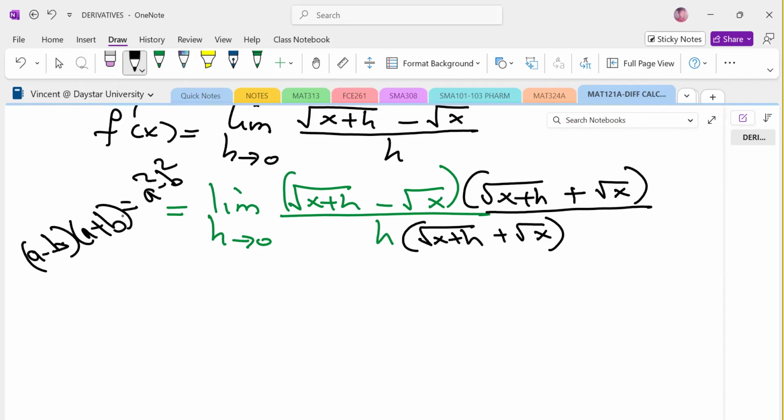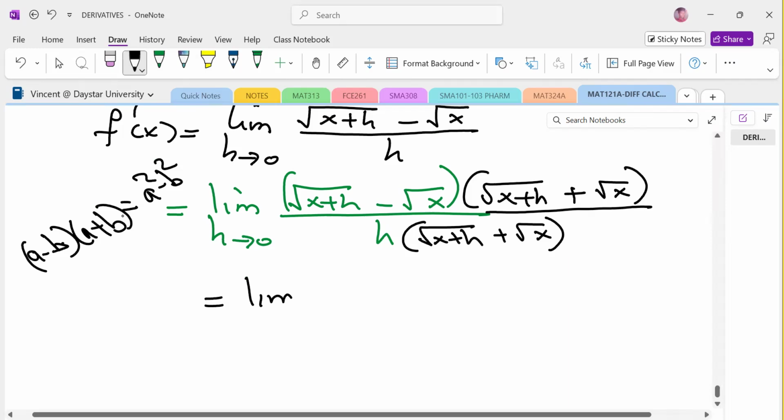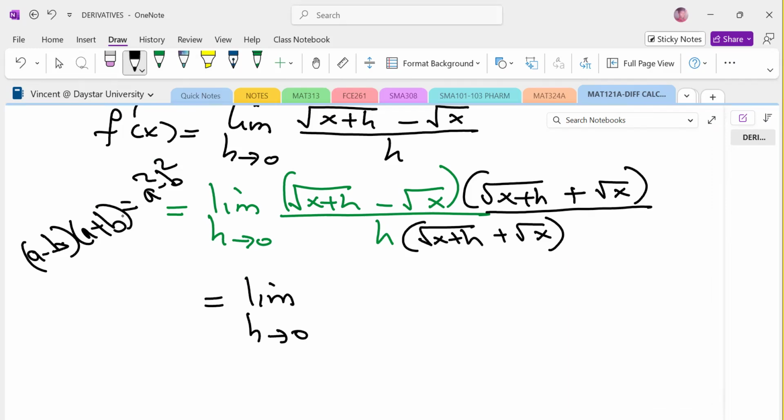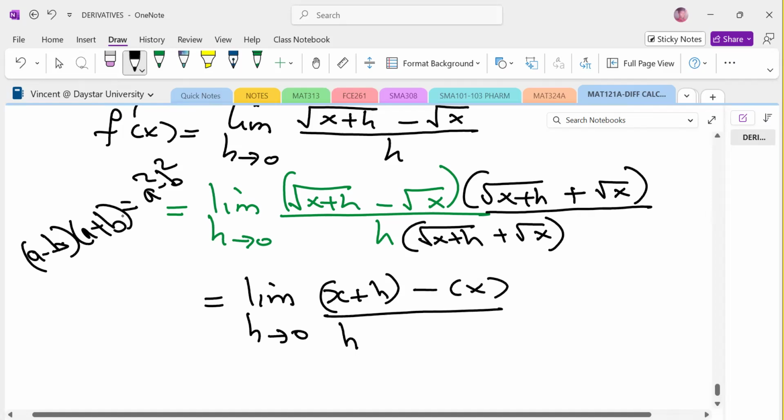So when you square a root function, it is a very easy expression to work out. It's simply that this root sign cancels out. So we'll have x plus h. Then when you square this one, you just get x, divided by this one, don't bother to open the brackets, leave it the way it is.